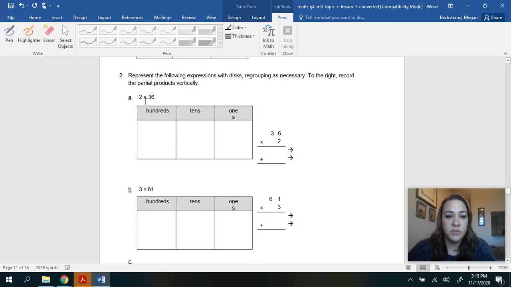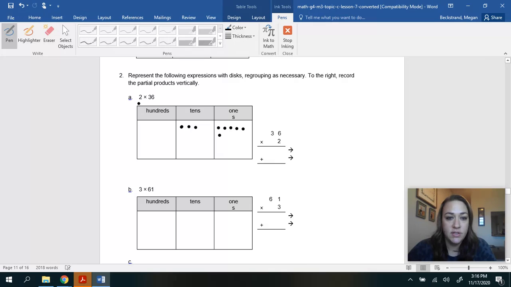So 2 multiplied by 36. Okay, so I'm going to get my little marker. So I have how many tens? 3, 1, 2, 3. So I'm going to represent my large number first. Okay, here's my ones. 1, 2, 3, 4, 5, 6.